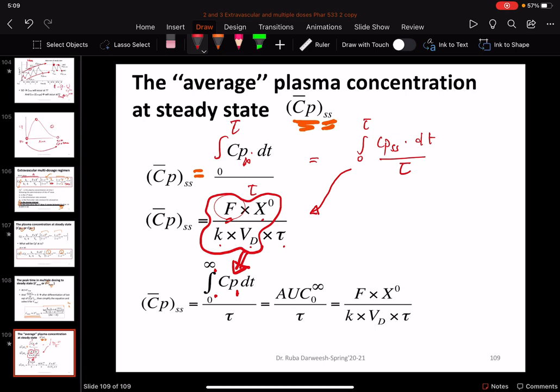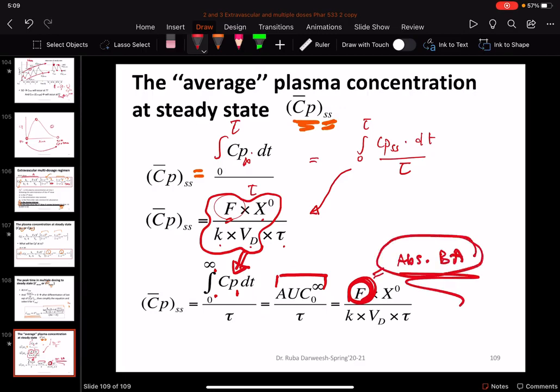That's why we have the total area under the curve over tau, and the only difference is F, which is the absolute bioavailability that we talked about earlier. This is something we should know because we are talking about multiple extravascular doses, so not the whole dose would reach the systemic circulation.